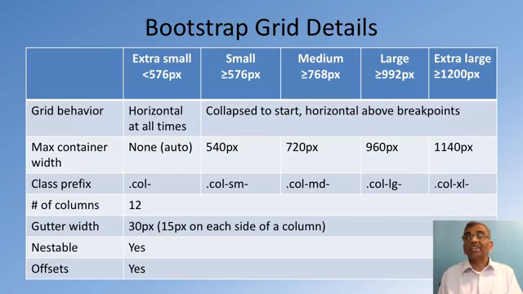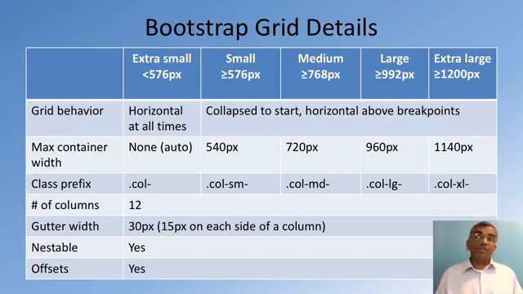Sum total together, 30 pixels of white space will be left between the two pieces of content. Think about how a newspaper column layout is done, and you begin to see the correspondence between the way a newspaper column layout is done and how the Bootstrap's grid does the layout of the content on a web page.